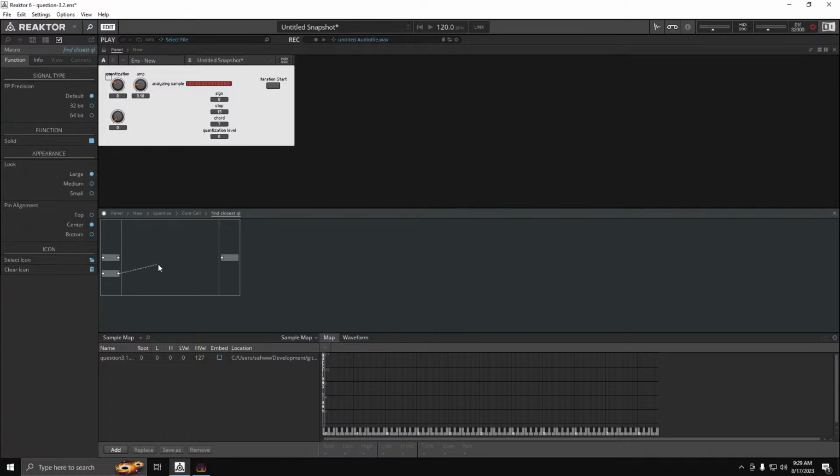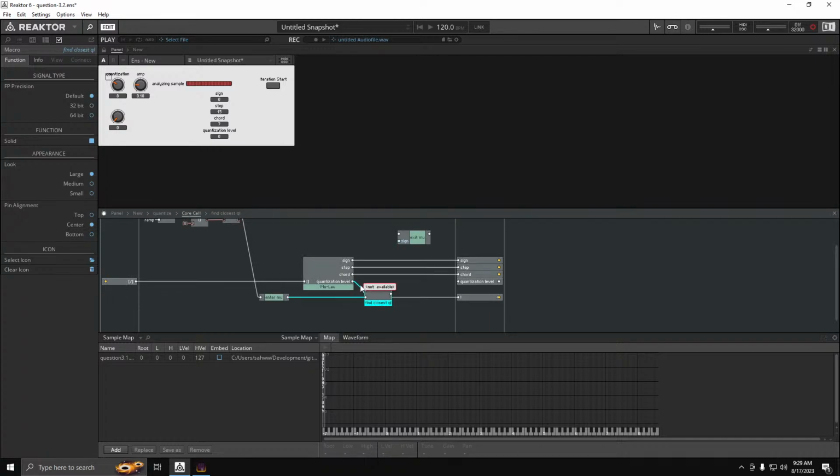So between these two, once it goes through one iteration, we'll know what the closest is.